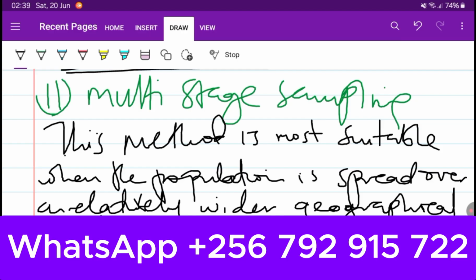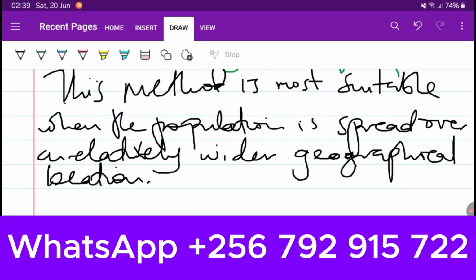So it can be used if the population is spread over a very wide area. Like for instance, we have spoken about if we are carrying out a survey on Uganda as a country. We've said Uganda is going to have very many people that are spread in the various parts of the country.